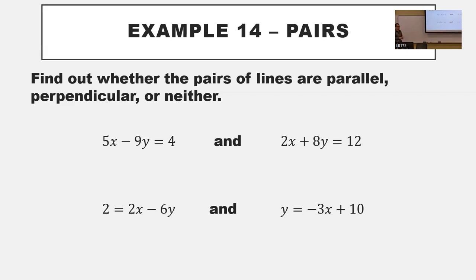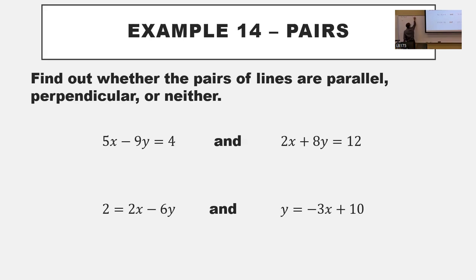I don't think I need to go through the entire process, but if we have 5x minus 9y equals 4, and I want to find the slope of that, I can just use algebra, solve for y, and get the line in slope-intercept form. I'll do that in my head in a second.